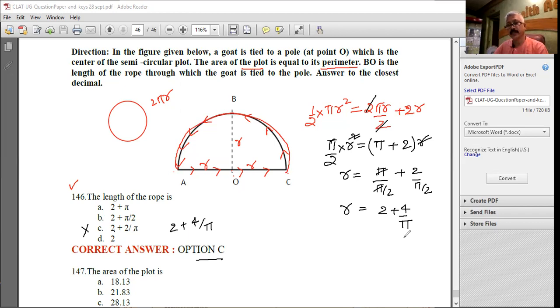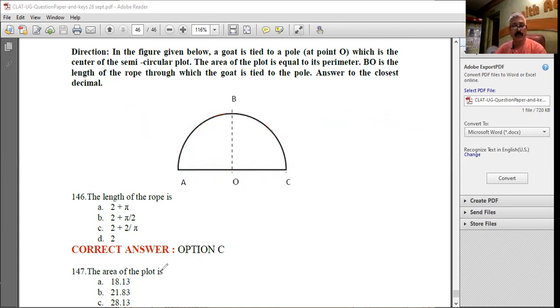Now see question number 147. In 147, the area of the plot means half of pi r square. R you calculated, it is actually 2 plus 4 upon pi. So R is 2 plus 4 by pi, I'm putting here value of pi, 22 by 7, so it is 7.